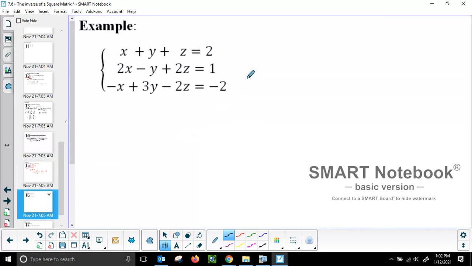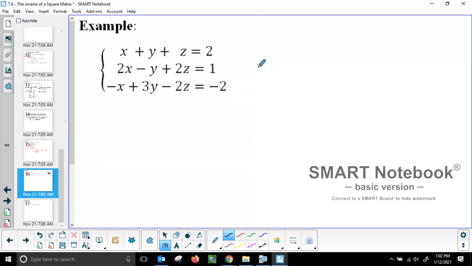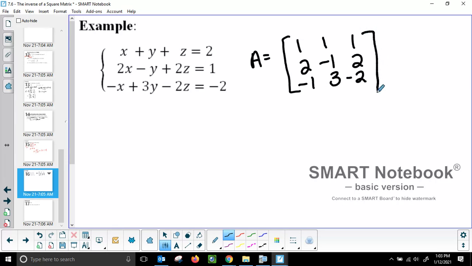Okay, so let's look at this example. If we make matrix A our coefficient matrix, so that's just 1, 1, 1, 2, -1, 2, and -1, 3, -2. So that's our coefficient matrix. And B, of course, is the constant matrix, which is just the numbers after my equal sign here.